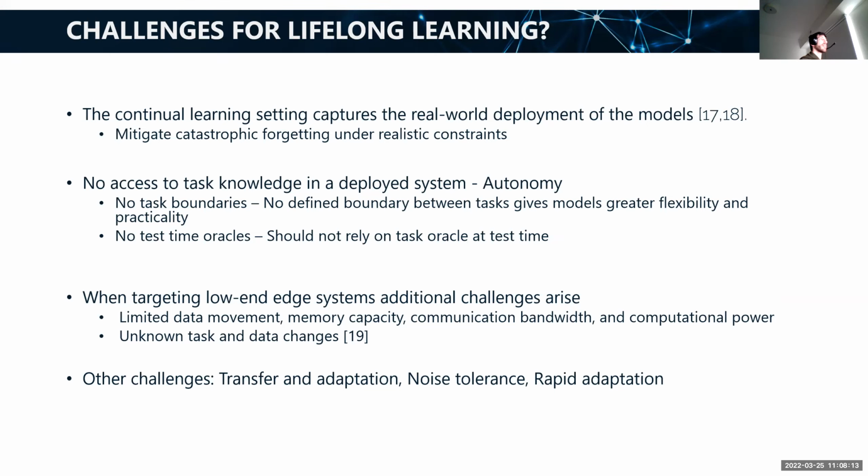It's not going to have access to task knowledge, so it won't know currently which kind of problem it's trying to solve, provided as an oracle outside of label information. So there's no predefined task boundaries or test time oracles during inference.